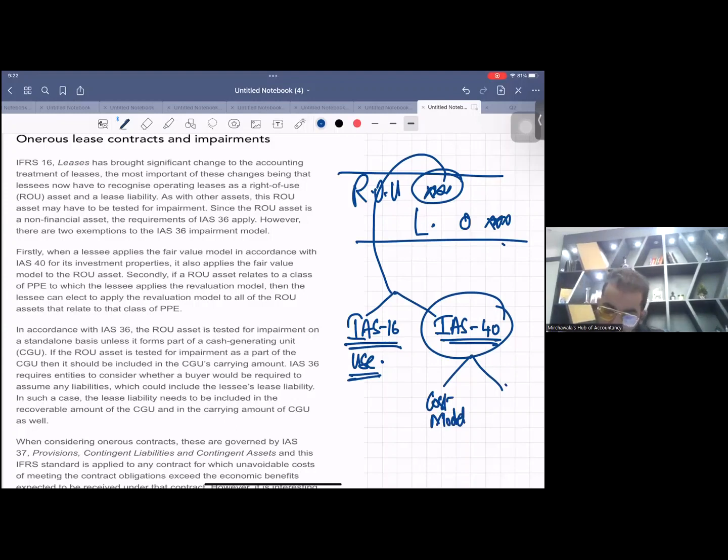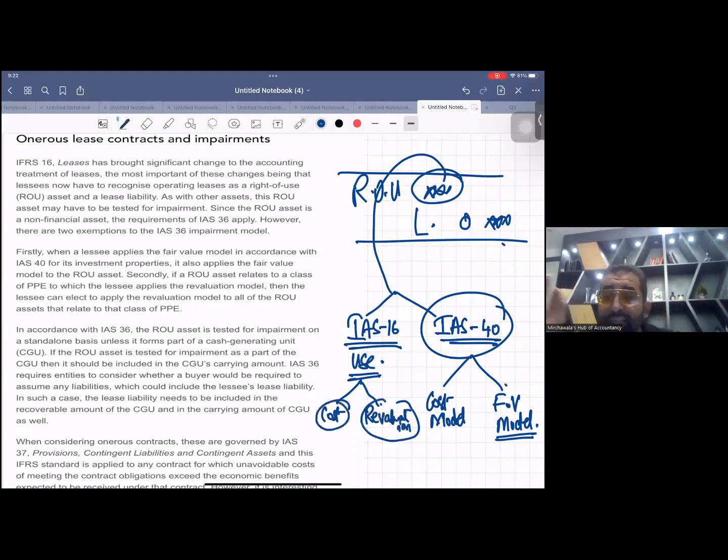Same is the case with IAS 16: we have the cost model and the revaluation model. I haven't discussed anything difficult. Don't think like that. Go simple, go relaxed. This is the logic I have given you.